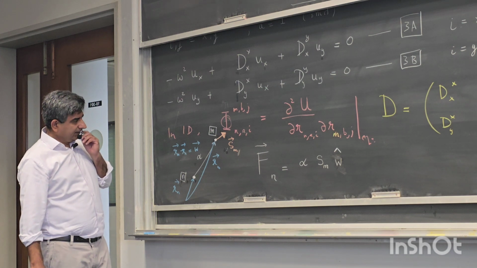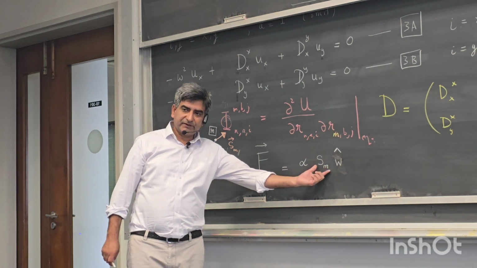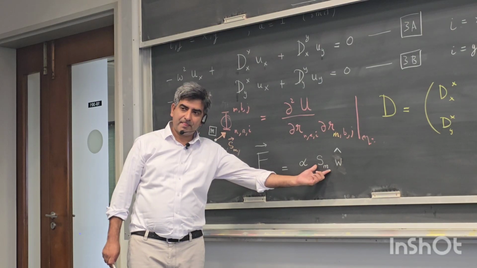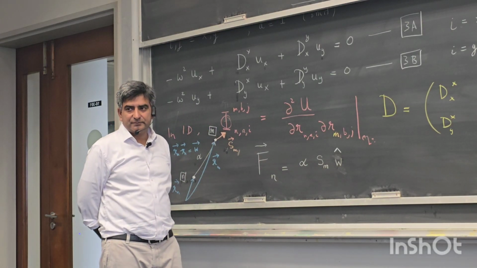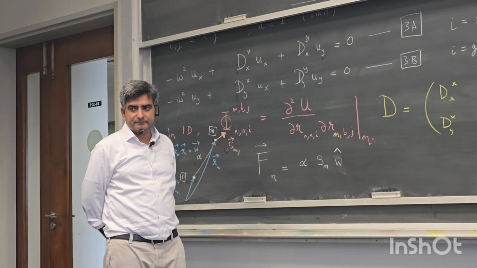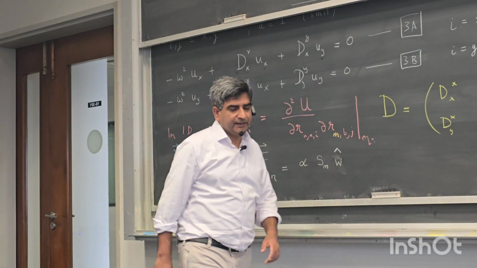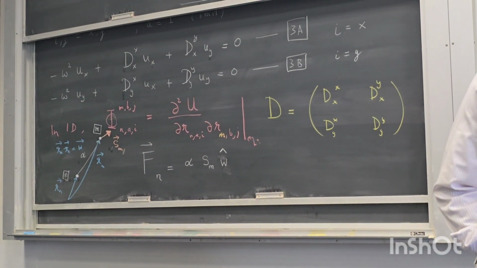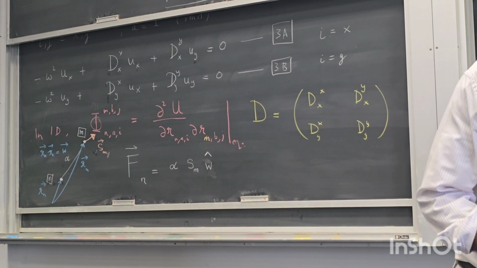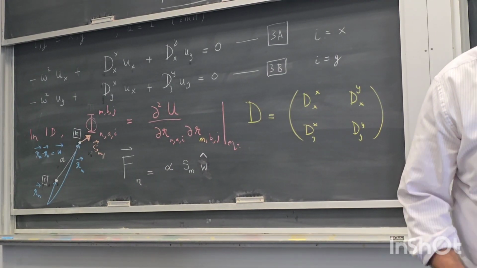So this is the amount of the displacement of the atom m, which is in some arbitrary direction, and this is the direction of the unit vector, the direction of the force. It's a dot product of Rm and Rn.